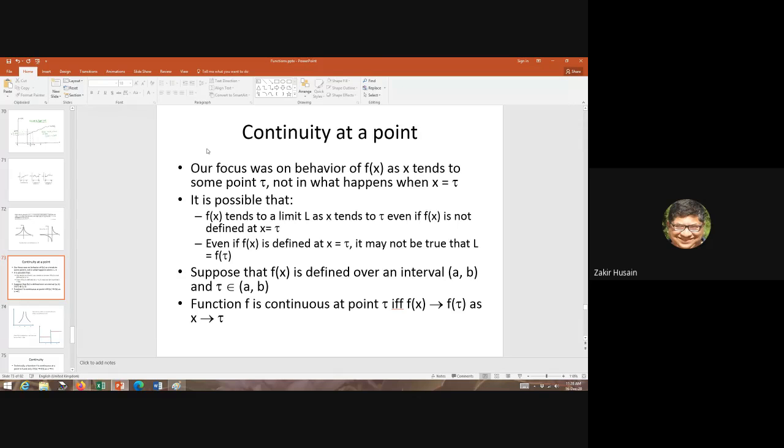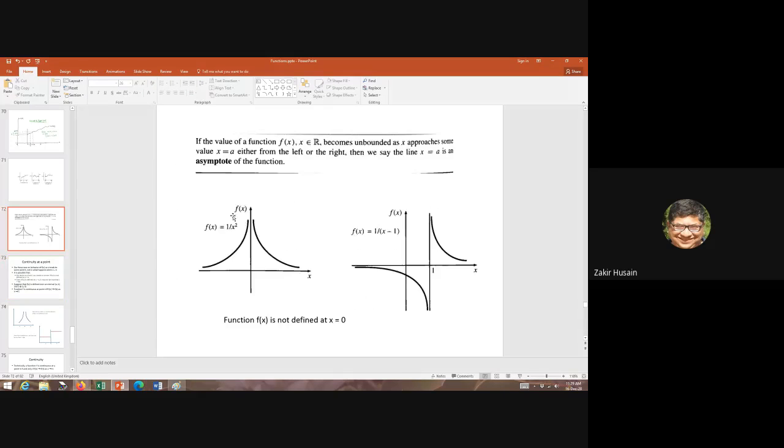Now, it is possible, as you have seen immediately, that a function f(x) tends to a limit L as x tends to tau, even if f(x) is not defined at x equal to tau. This is the earlier case.